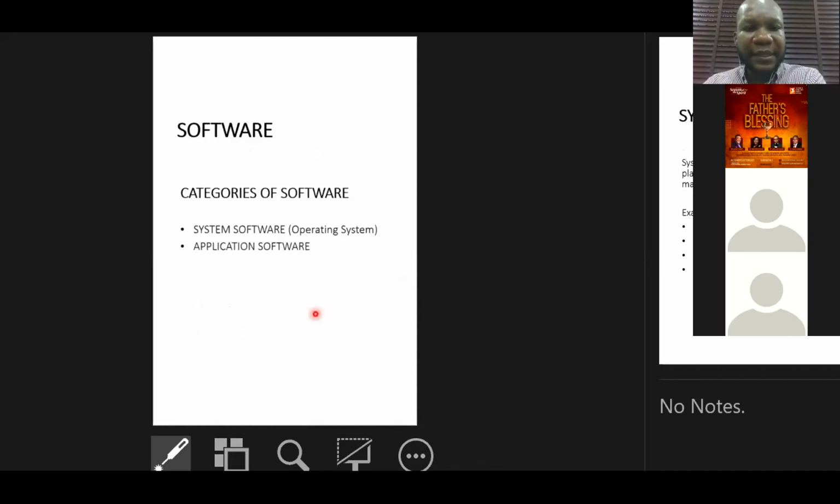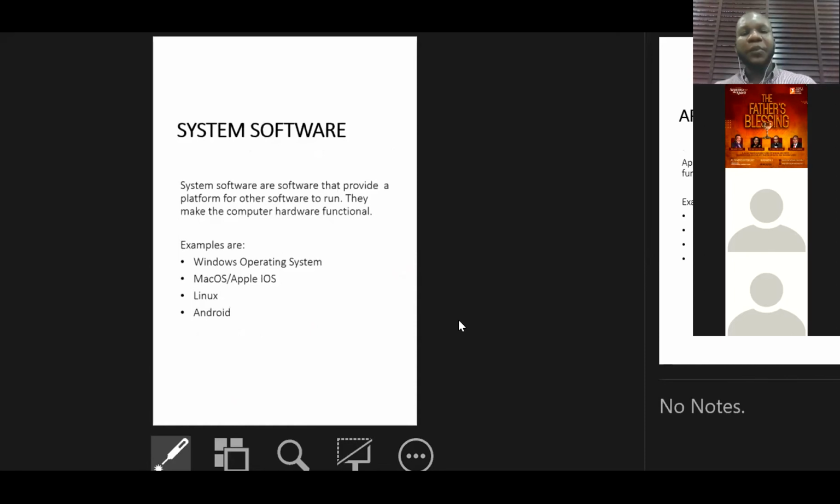So that was what I meant when I said the system software makes the computer hardware functional. It doesn't only make the USB flash drive or the external hard disk functional. Even the hardware components inside the computer, like the motherboard, the hard disk, the CD-ROM drive for computers that have one, or a mouse, every other piece of hardware that makes up the computer actually becomes functional the moment the computer is booted and the operating system comes up.